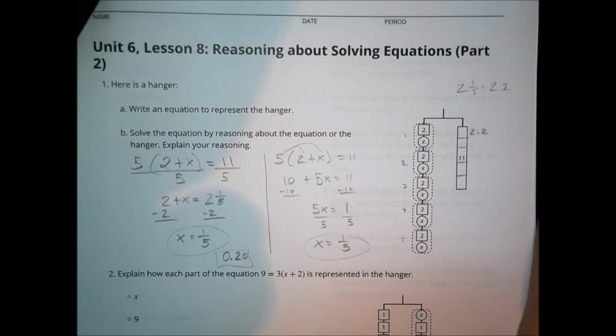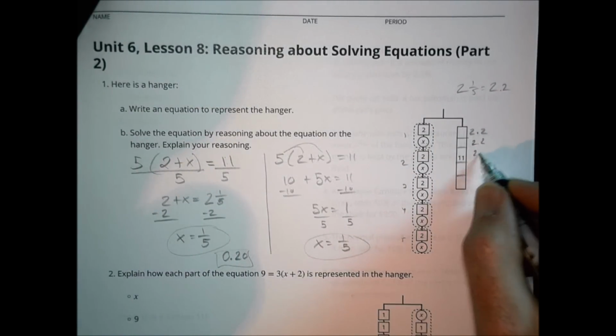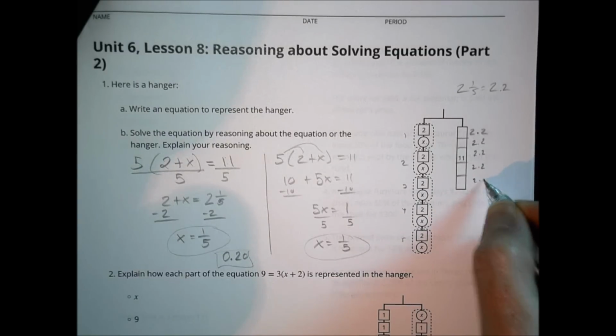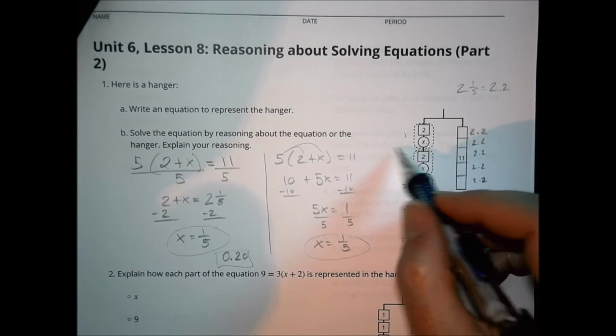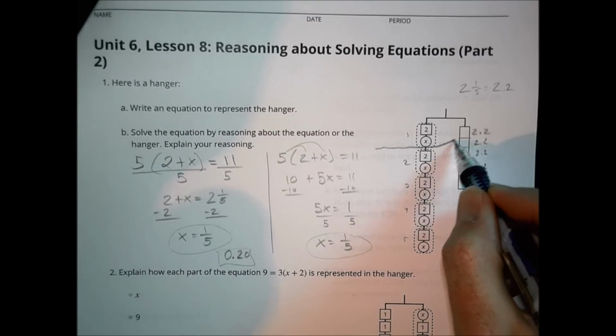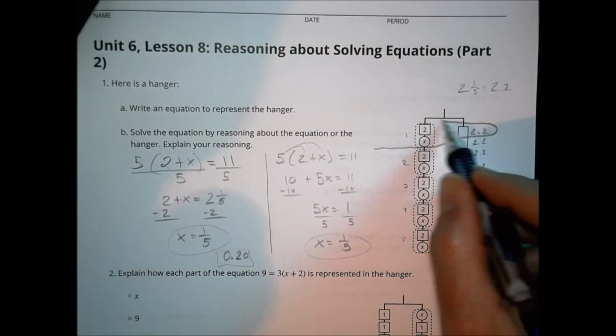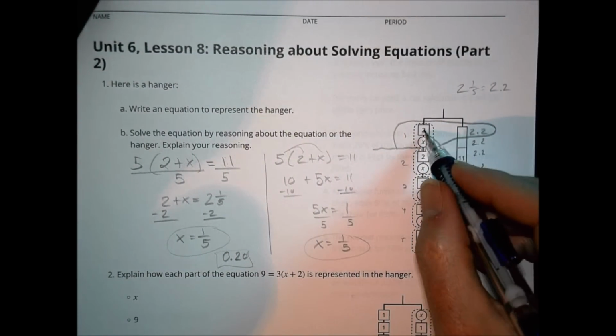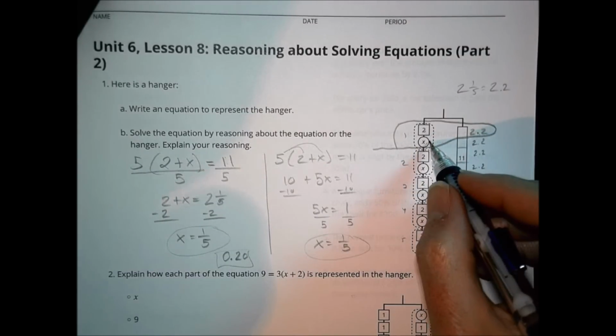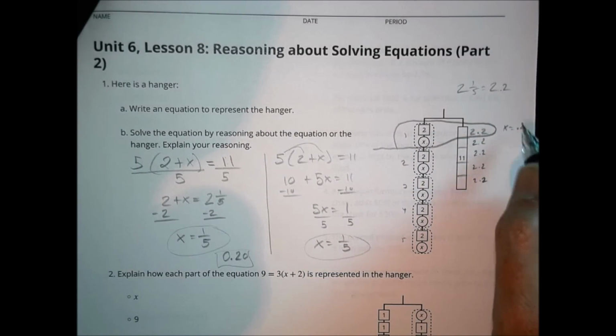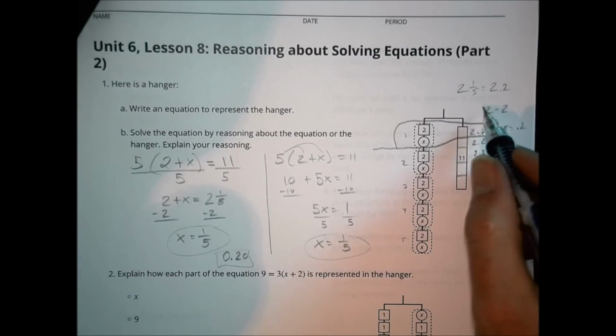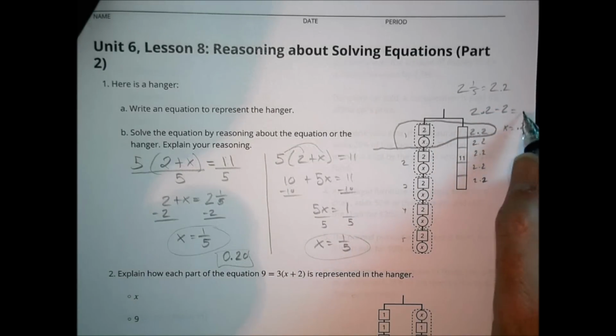So we have 2.2 for all those sections there, and one section of this would be equal to 2.2. We would subtract the 2 from there so that x is equal to what's left, just the 0.2, because 2.2 minus 2 is equal to 0.2.